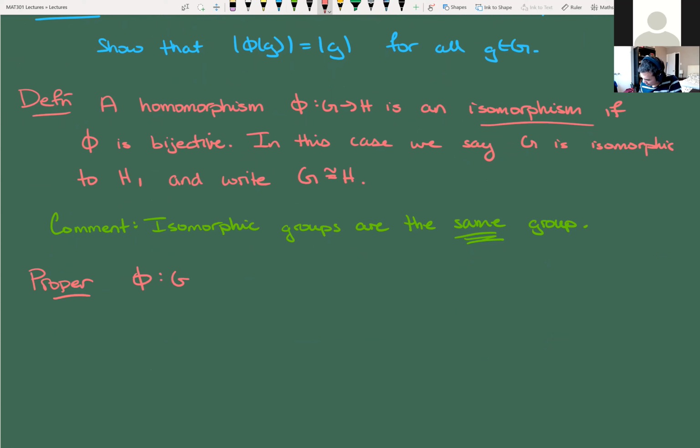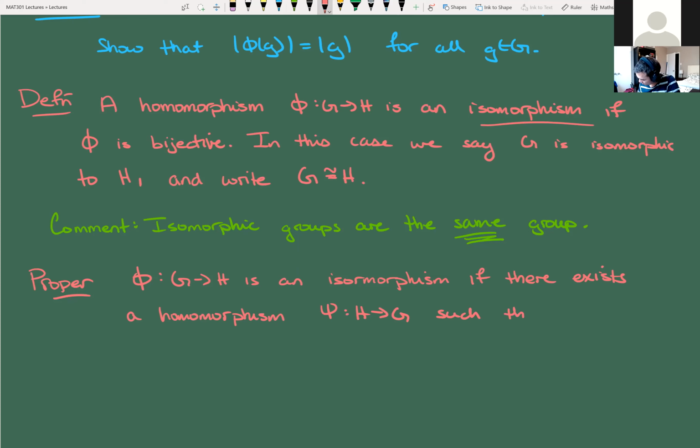It should be that phi from G to H is an isomorphism if there exists a function, or if there exists a homomorphism psi such that phi compose psi is the identity on H, and psi compose phi is the identity on G, right?